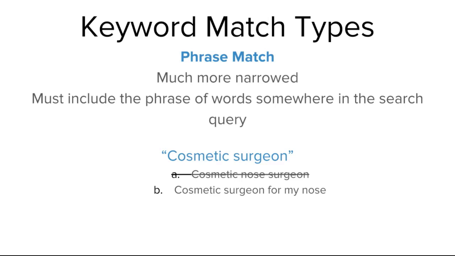But that's phrase match. Obviously, the more control, the more narrow, the more closely you're going to be able to control what your budget is spent on. So this is going to bring you pretty good quality traffic. This will be really good quality traffic, and you won't have as much irrelevant traffic as you would with the broad match or broad match modifiers.